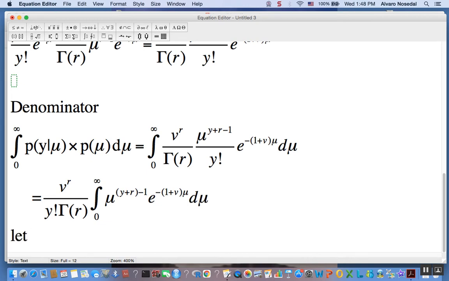So let r star be y plus r, and v star be 1 plus v.